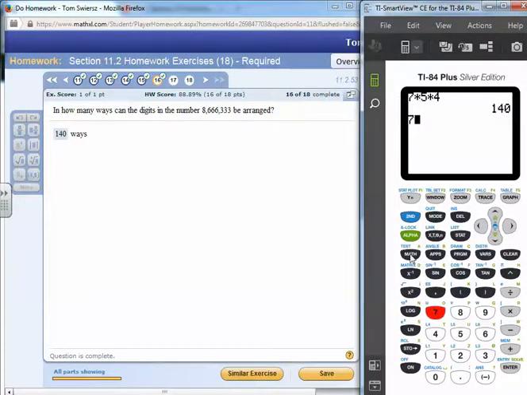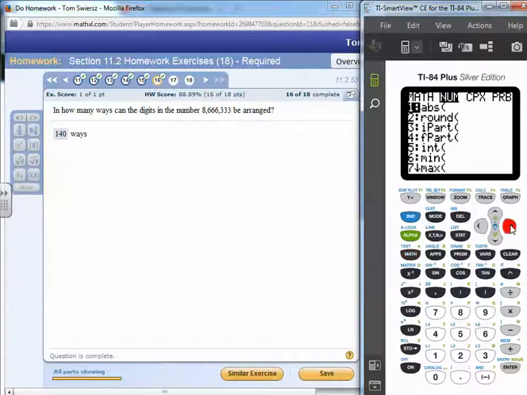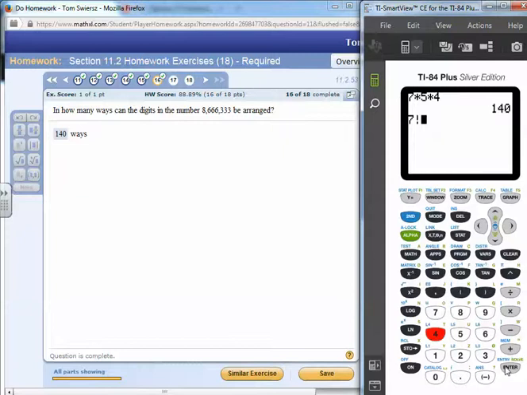Now again, on the calculator, in the numerator was 7, and then you go over to the math key. Under probability, factorial is number 4, so 7 factorial is there, and now we're dividing by 3 factorial, which is 3 times 2 times 1, which is dividing by 6.